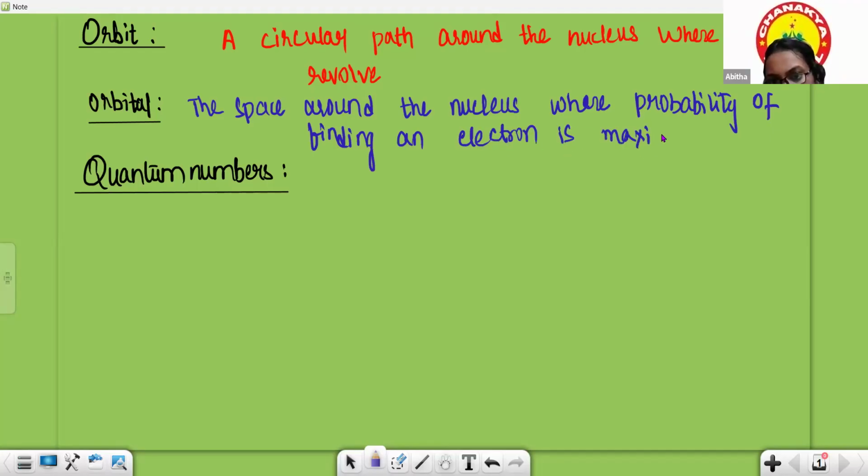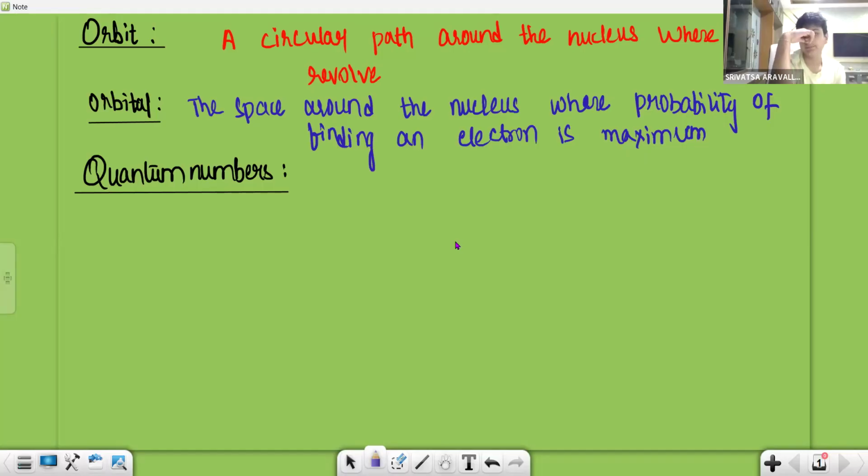Mostly, 90 to 95% of the time you can find an electron in an orbital. Clear?